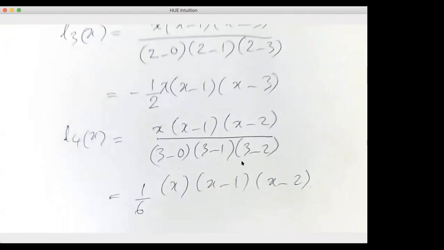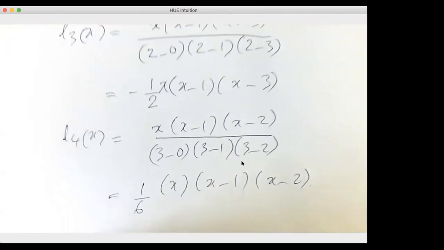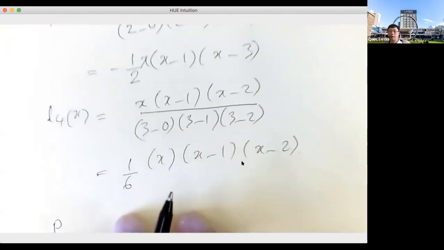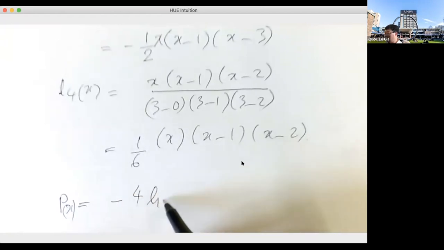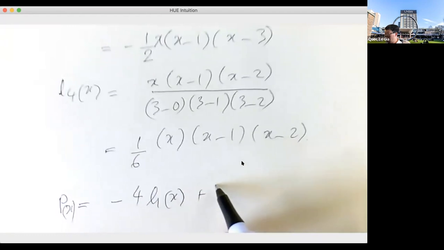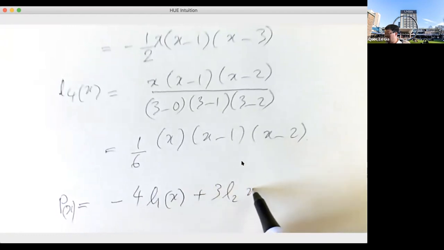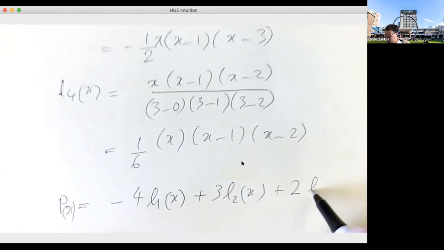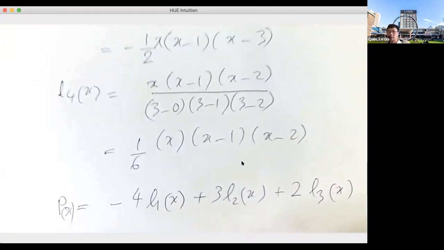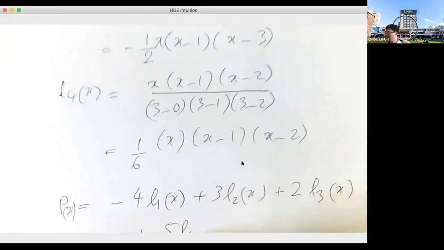Okay. And what is the polynomial? So the polynomial P, P of x, yeah. It's just the data value, minus 4 L1(x) plus 3 L2(x) plus 2 L3(x), okay, plus 5 L4(x).